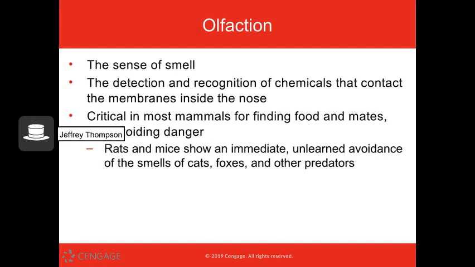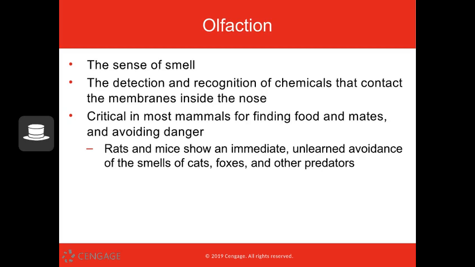Olfaction is our sense of smell, the detection and recognition of chemicals that contact the membranes inside of our nose. So this helps us find food, it helps us find mates, and it helps us avoid danger. Rats and mice show an immediate unlearned avoidance of the smells of cats, foxes, and other predators.